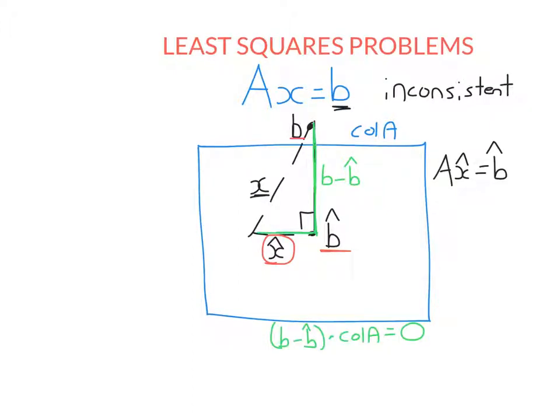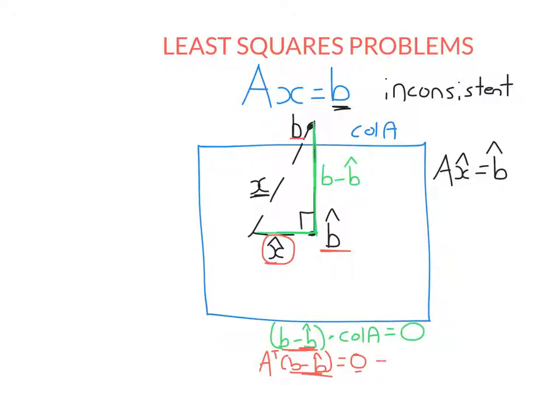This means our vector must be orthogonal to each column of A. But this in turn means that it will be orthogonal to each row of A transpose. And what that means is we'll have this equation: A transpose times this vector will give you the 0 vector.